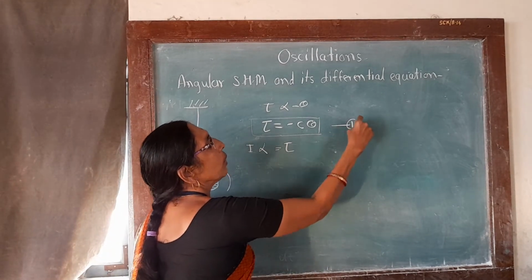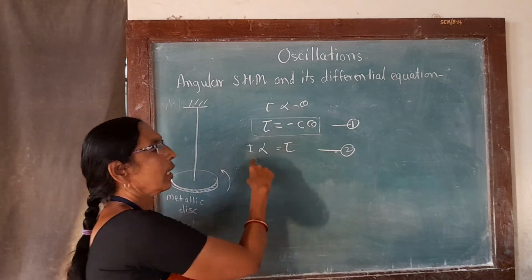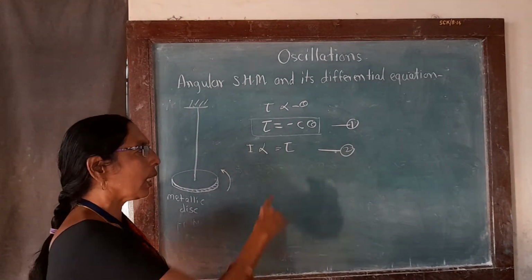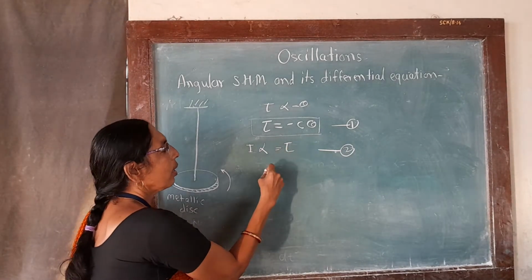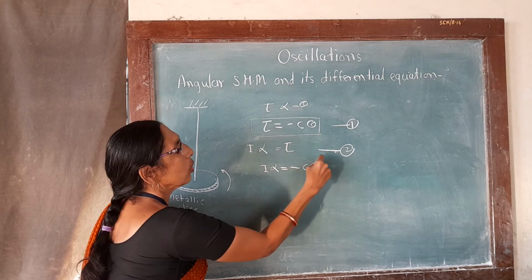That means the value of this torque is minus c into theta, and it is also I into alpha. So if we compare these two equations, we can write I into alpha is equal to minus c into theta.